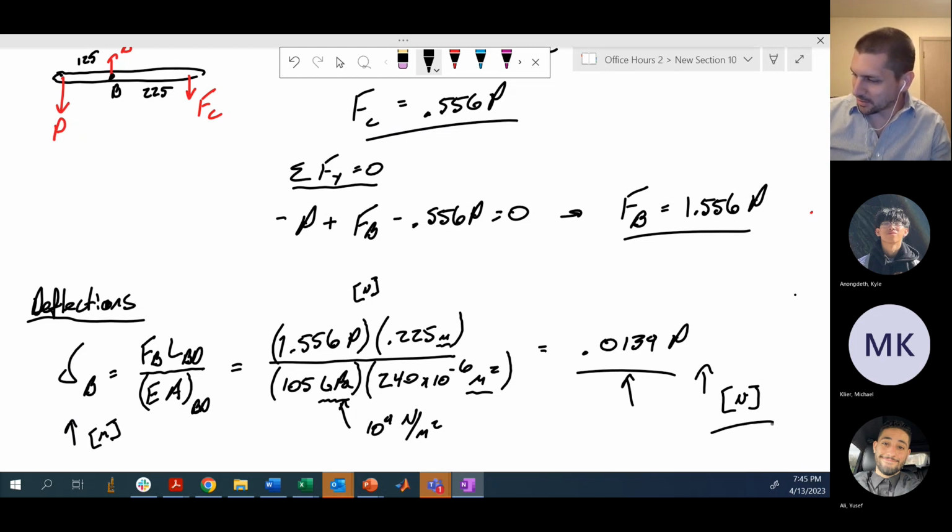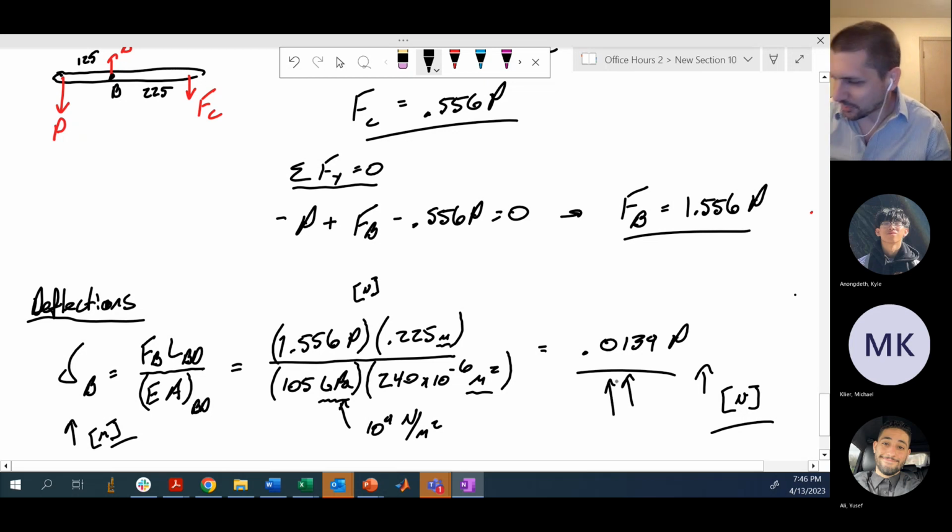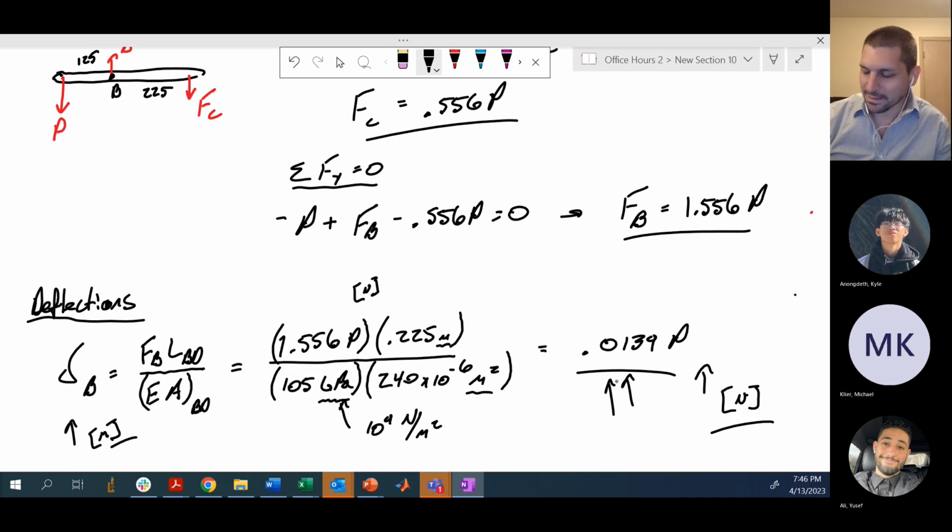If you wanted to retain standard newtons, where this load P is in newtons and this deflection is in meters, you would have a very, very small coefficient here. It'd probably be a factor of a million difference: 0.00000000139. I just don't love that. I want to work with a little bit clearer numbers.